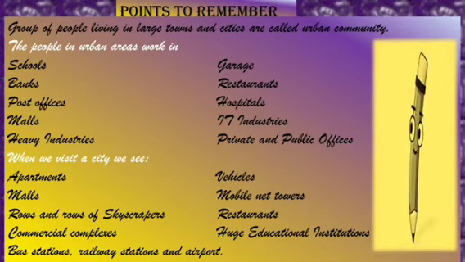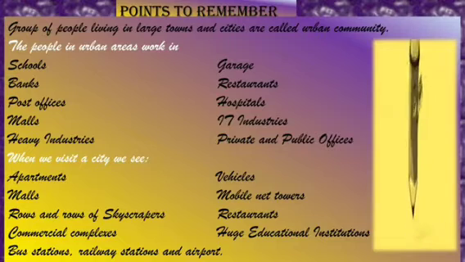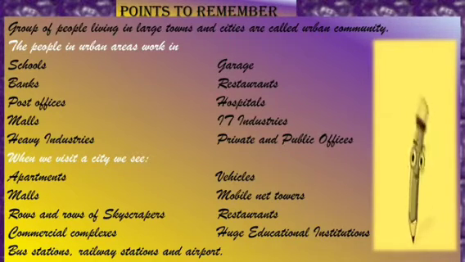When we visit a city, we see apartments, malls, rows and rows of skyscrapers, commercial complexes, vehicles, mobile net towers, restaurants, huge educational institutions, bus stations, railway stations, and airport.